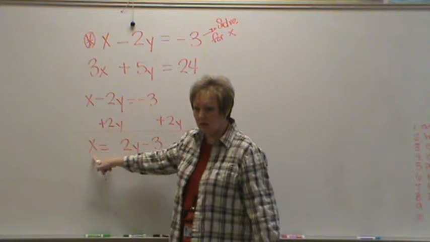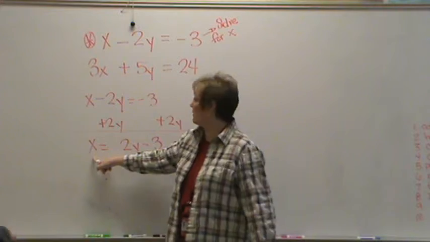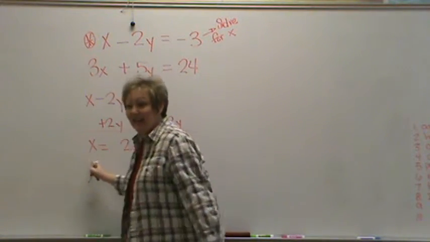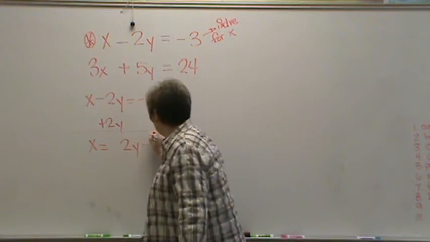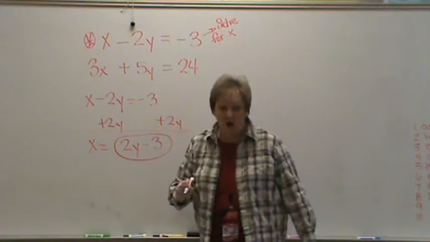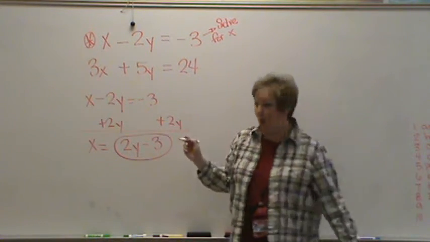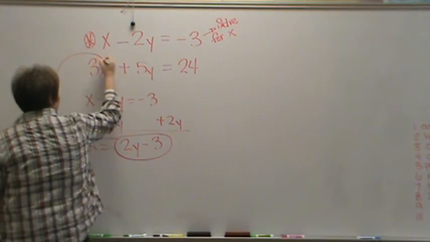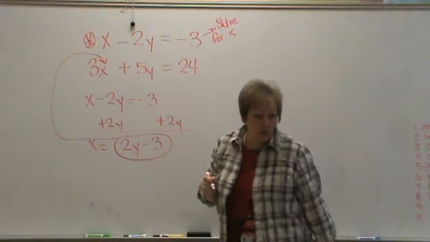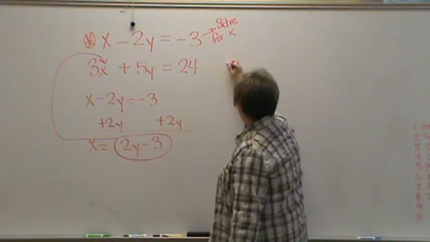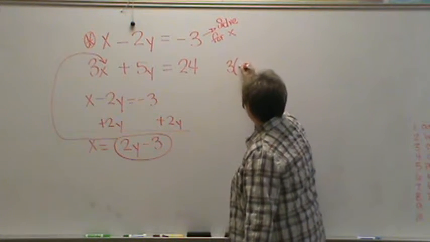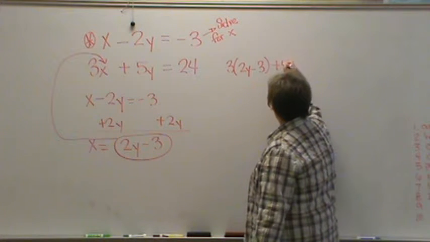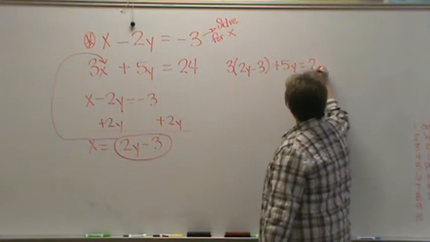Yes, 3 times the quantity 2y minus 3 plus 5y. I'm going to take what I just solved x for and replace it in that second equation. So I will have 3 times the quantity 2y minus 3 plus 5y equals 24.